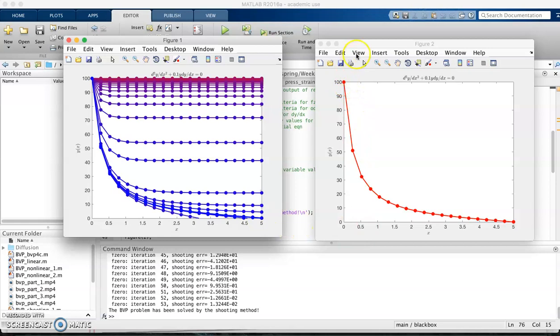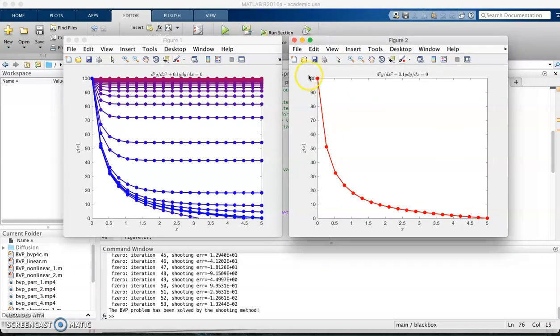And so now I'm replotting the solution again here as a red curve. So you see now I guessed the slope, but then F0 found the right slope for me. With that slope, if I solve the problem, you see that the function value is 0 on the right end.